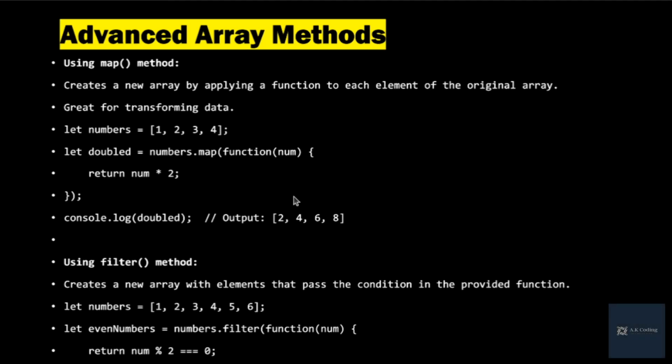The next one is using filter method. So filter method creates a new array also with elements that pass the condition in the provided function. So it means we can filter it by using some methods. So how can we filter them? Let's filter with even numbers.